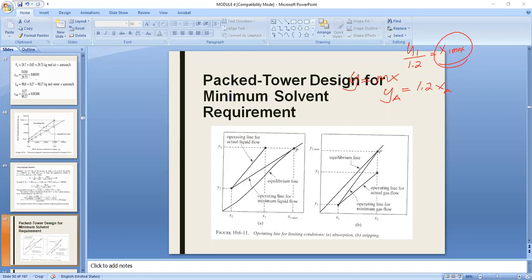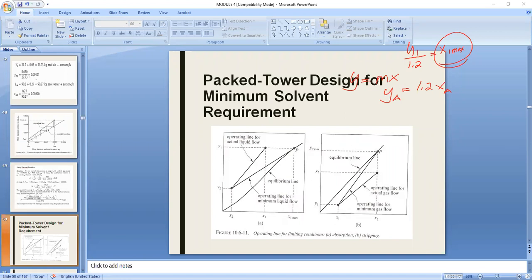This is the value of the X1 that I will place in my component balance equation, either the original, or the component balance equation that uses the inert amounts of the phases, depending on what particular component balance I am using.